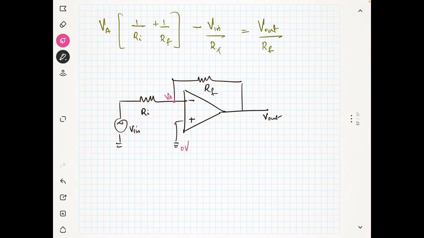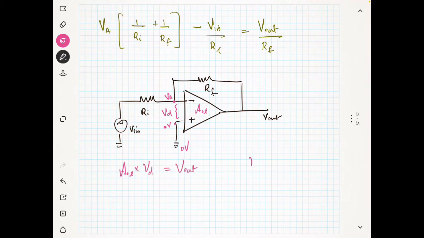Now let us assume that this is VD. What is my output? My output will be equal to the open loop gain of the op amp multiplied with VD, right? This will be my output.